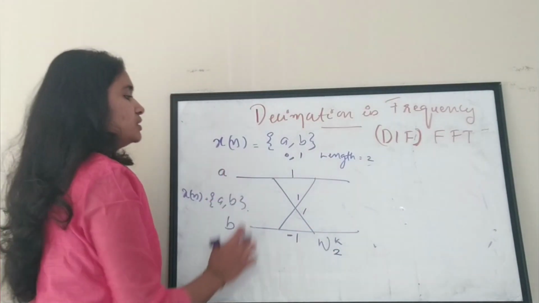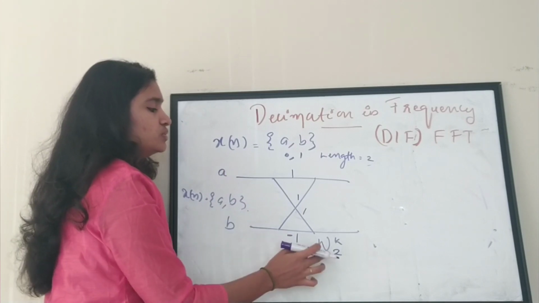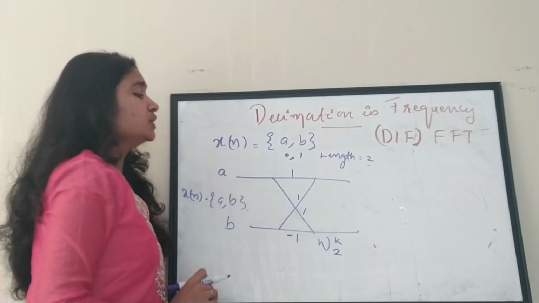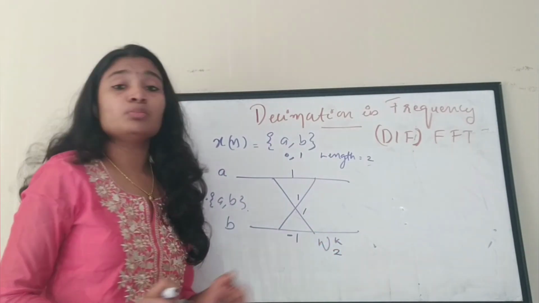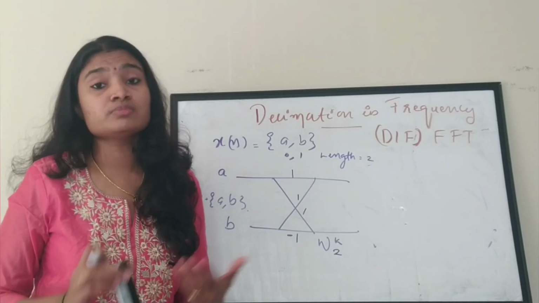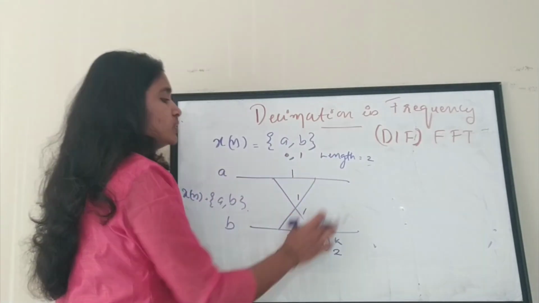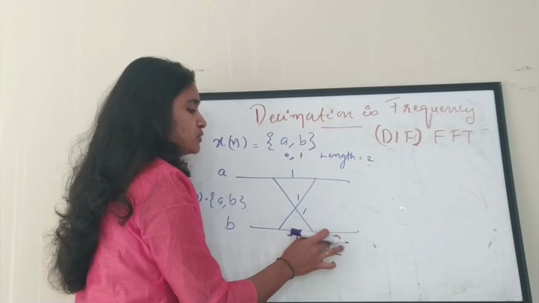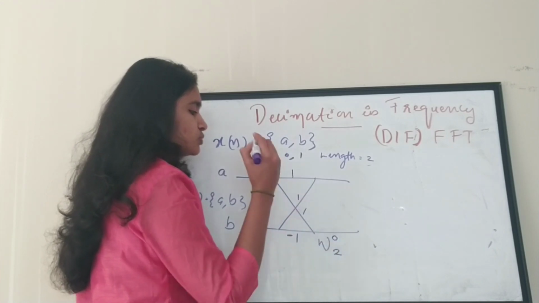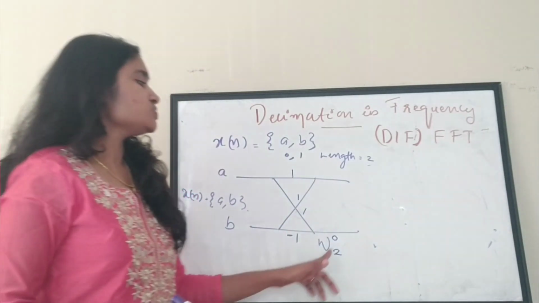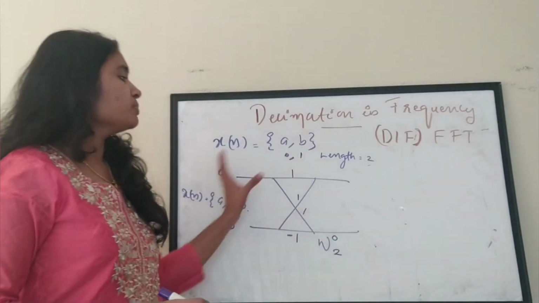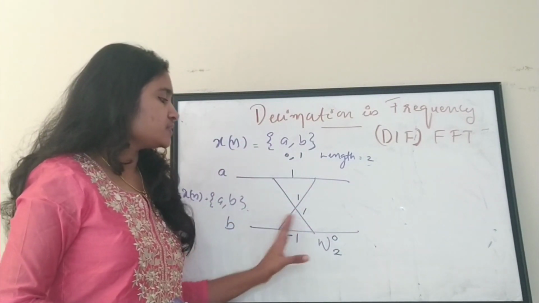This butterfly has 2 inputs, right? So your N is 2. Now k is the number of butterflies, starting from 0. Here there is only a single butterfly, so the value of k is 0. So W_2 raised to 0 is the value here. So your butterfly and the branch weights and everything is completed.